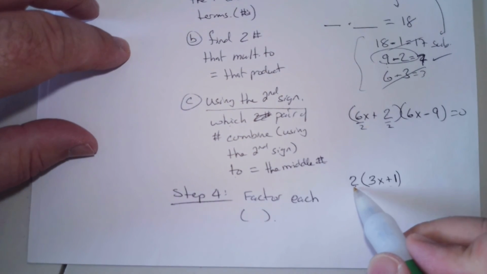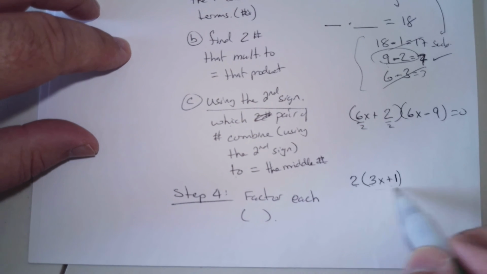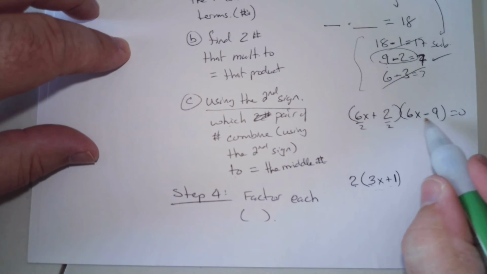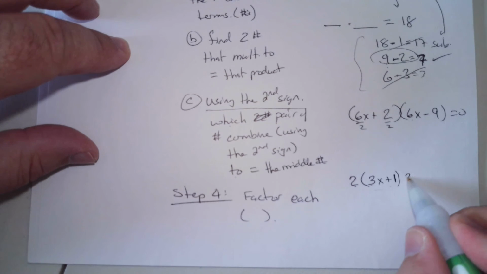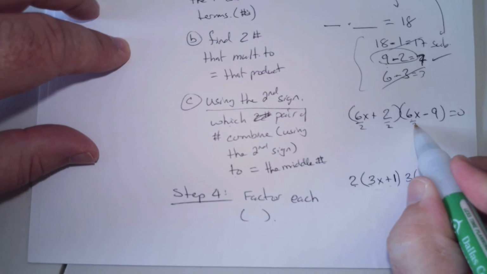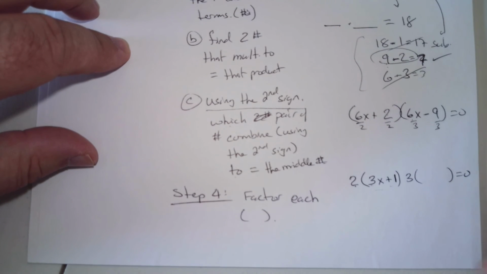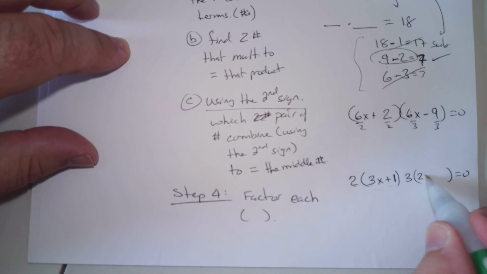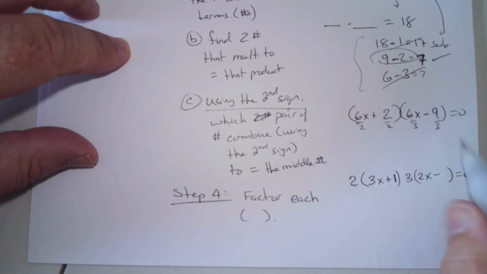So whenever you factor something out, to figure out what goes left inside the parentheses, divide those by that. 6 and 9, they both have a 3. So I divide both of these by 3. 6 divided by 3 is 2. 9 divided by 3 is 3.